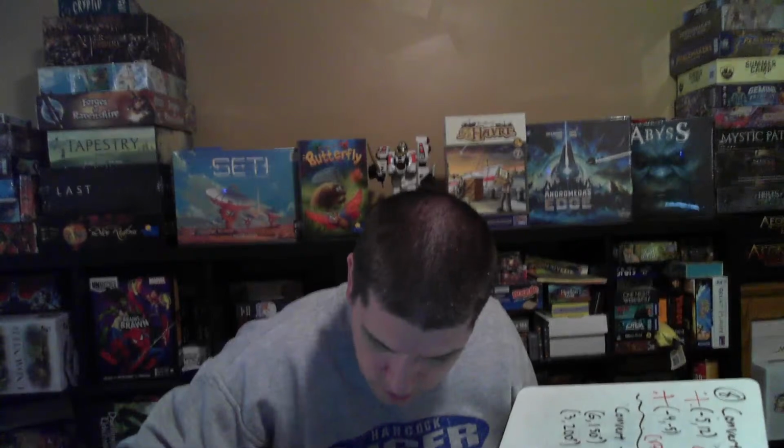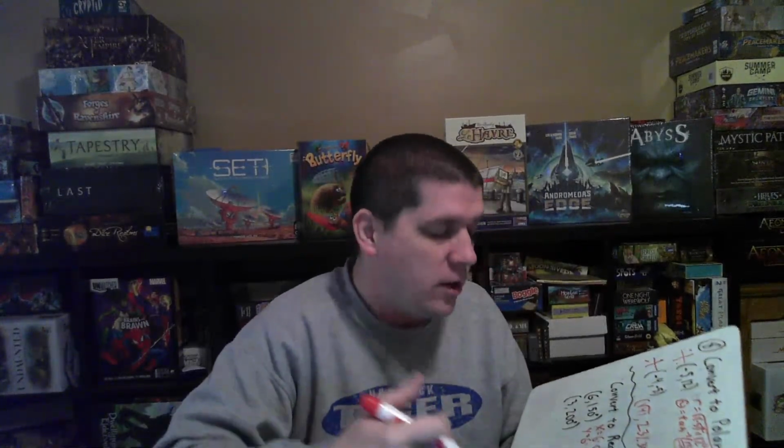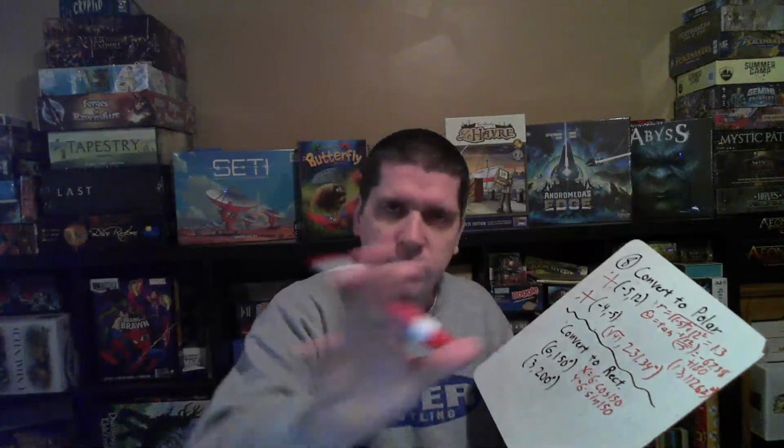Once again, we let our calculators do the work for us. 6 times cosine of 150. So we end up with a negative 5.19, which is 5.196, rounded to 5.20. That's fine, that's option one.